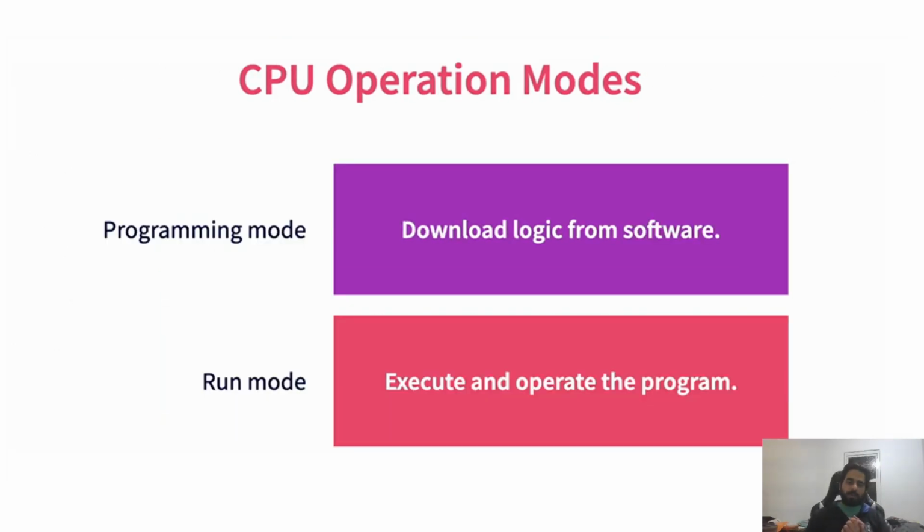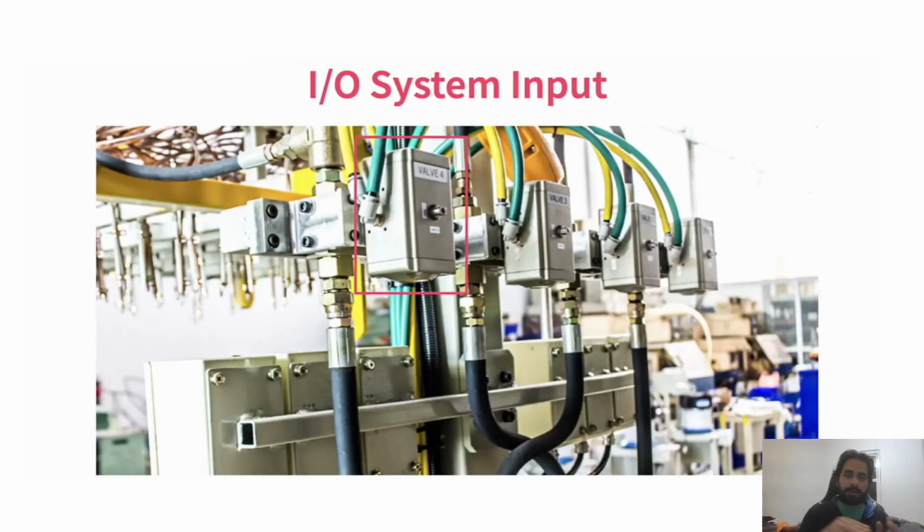So in programming mode, you actually write the program and then download that program into your machine. And then in run mode, you execute and run that code according to your particular requirements. The input output system can be like valves, it can be like switches, it can be like what you can see on the screen.